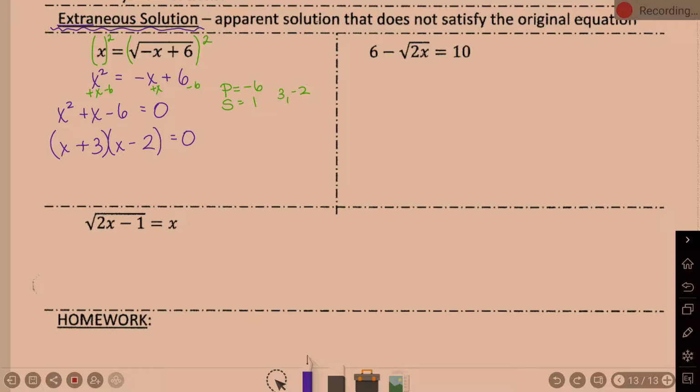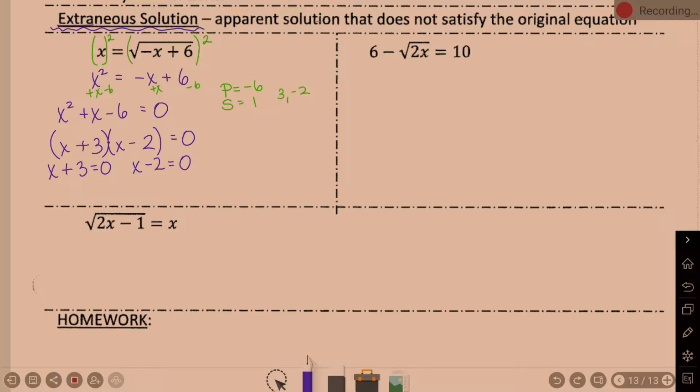If we have 2 parentheses that multiply equal to 0, take each part and set them equal to 0. So 2 pieces that multiply to equal 0. We're going to have x plus 3 equals 0 and x minus 2 equals 0. And then we're going to solve these.